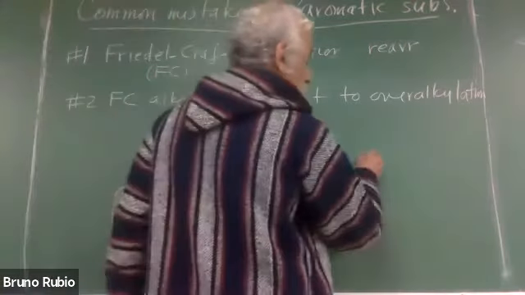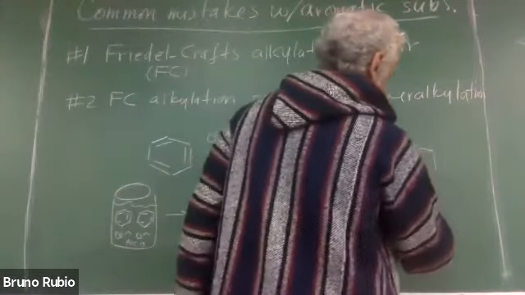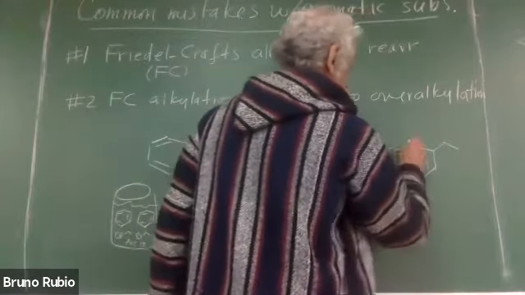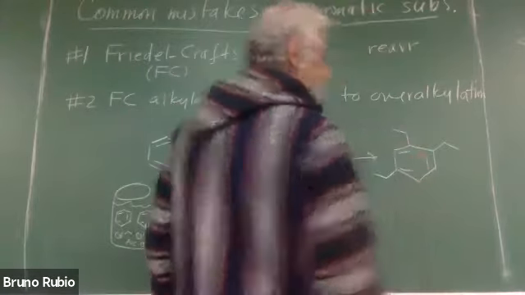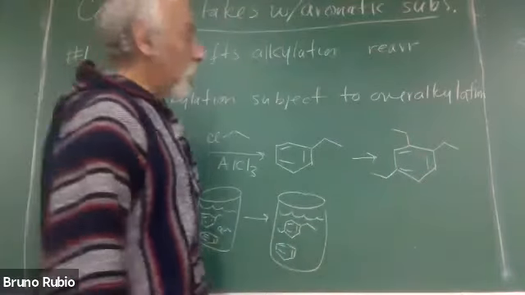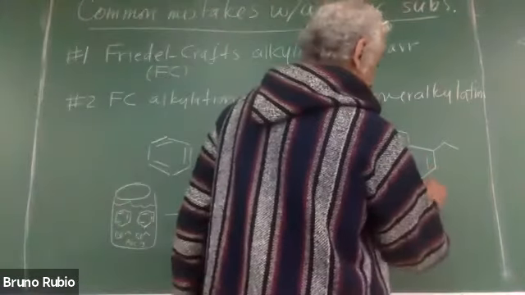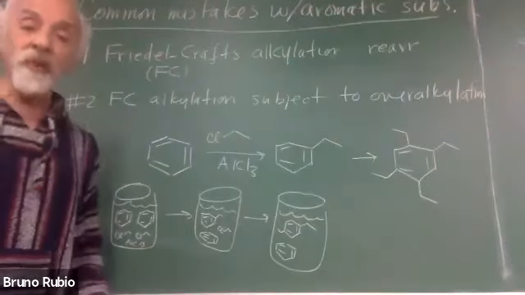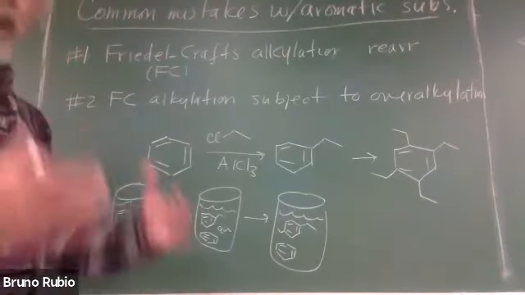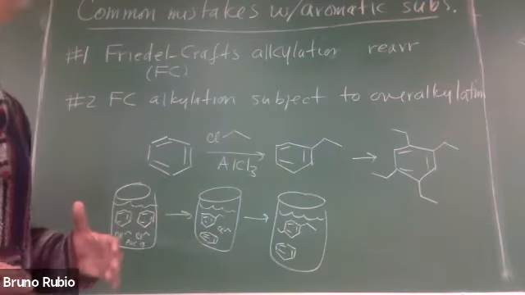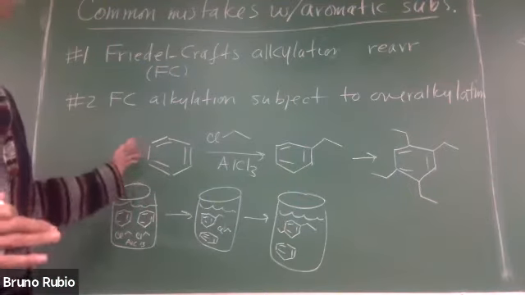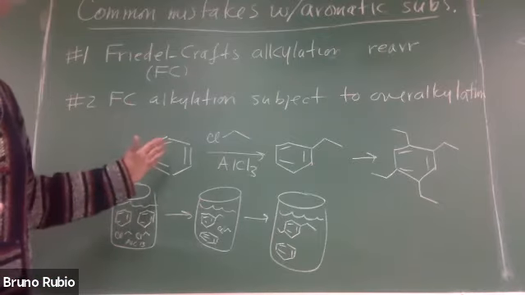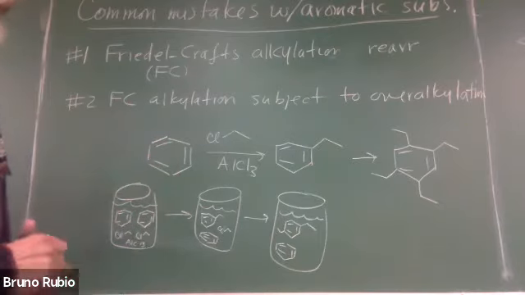This is more like the recipe for making something like that, right? Or maybe even worse, maybe something like that. See, it's over alkylation because the product of the reaction is more reactive than the starting material, and all these molecules don't all react at the same time.